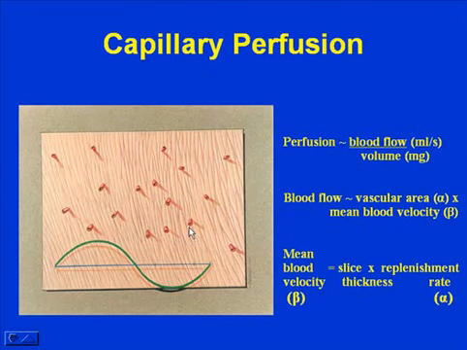So it was hoped that with the microbubbles we can in fact see the small vessels and come to a better appreciation of perfusion as defined as blood flow over time in a particular volume.